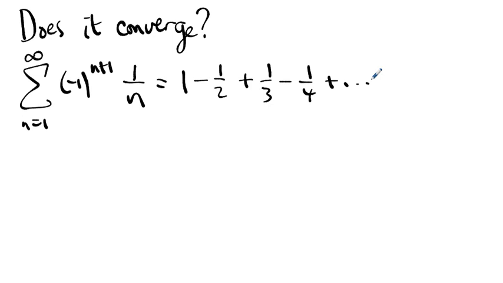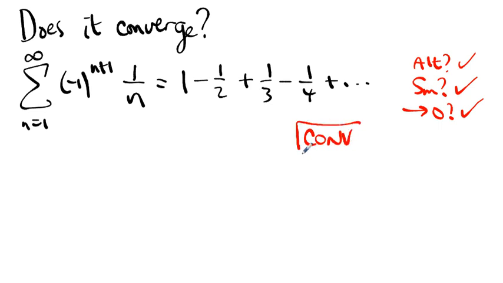What happens to this series? Well, do the terms alternate? Yup. Do the terms get smaller? Yup. Do the terms approach 0? Yup. This series converges by the alternating series test. See how easy the test is? Terms alternate, terms get smaller, terms get closer to 0.